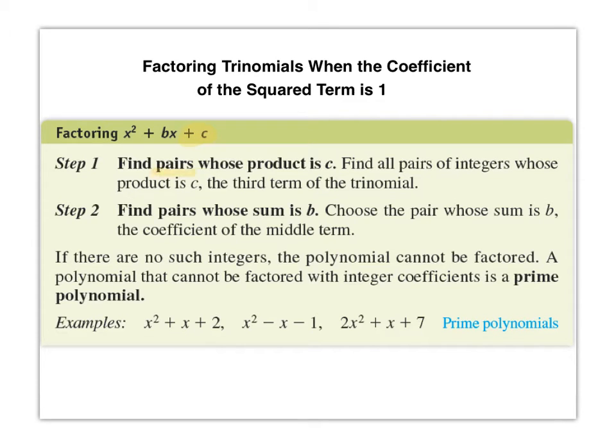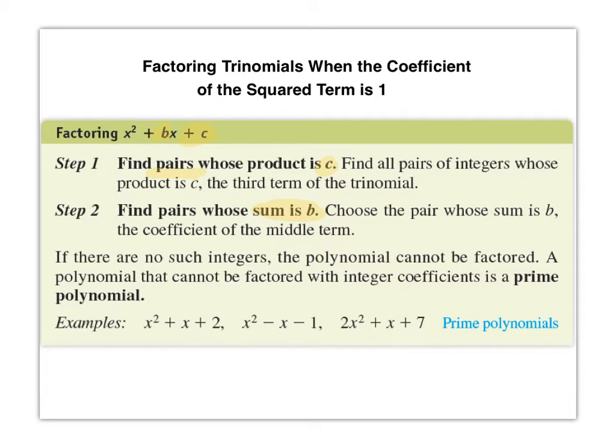Step 2, from those pairs, find the pair whose sum is b, that middle coefficient, and choose that pair. If there are no such possibilities, we say that the polynomial cannot be factored. A polynomial that cannot be factored with integer coefficients is a prime polynomial.